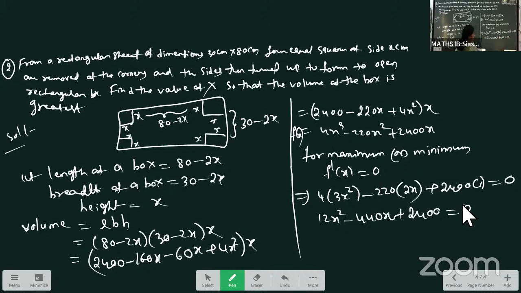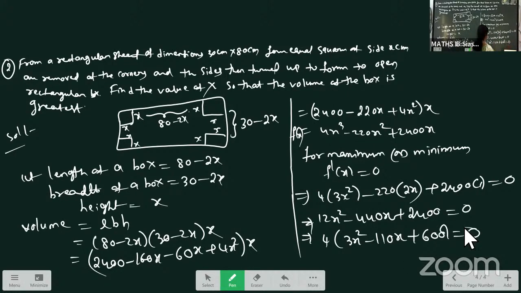What is common in it? We can take 4 common. So 3x square minus 110x plus 600 is equal to 0. We are not getting any factors for this quadratic equation.